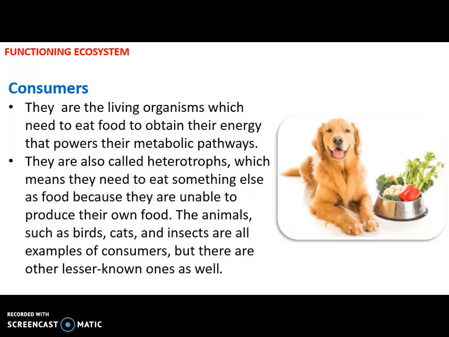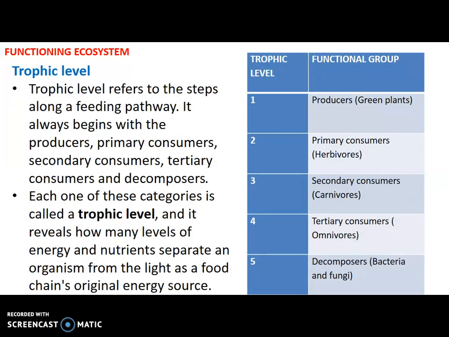Now, let's look at the trophic level. The trophic level is the steps along a feeding pathway, the different steps along a feeding pathway. When you see the different categories that are found in a feeding pathway, this is what we call a trophic level.